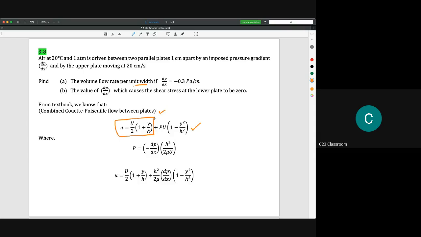And then if it is combining Couette and Poiseuille flow, we have an additional equation here to show the changes or the influence of pressure. So we have a pressure here and we have a velocity here and this term. And then the P here is actually this one, so you could refer to the textbook, and then if we substitute this, we could get this value.